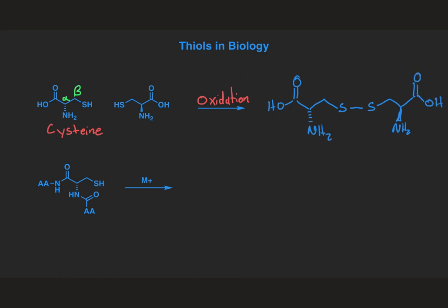So these two sulfur atoms have been oxidized, and the bond that they form is called a disulfide bond. These bonds are much stronger than an oxygen-oxygen single bond, and they are important in the folding and tertiary structure of proteins.